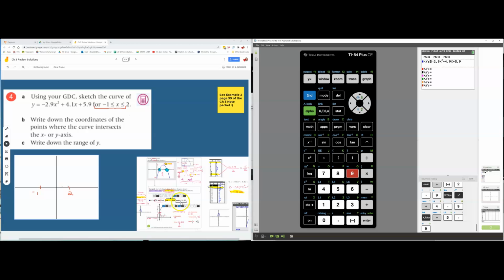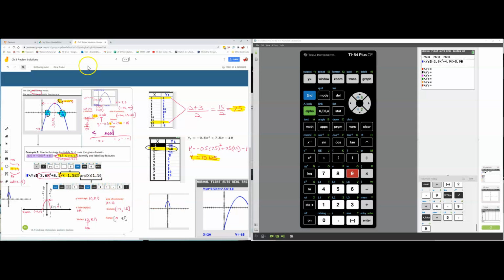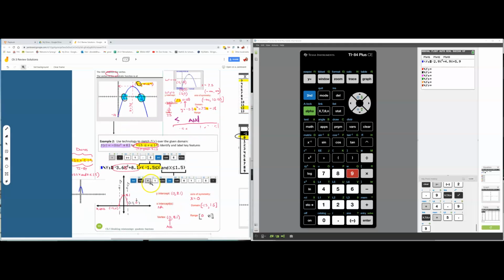Now, in order to put in the inequality symbols, back here on our notes, zoom in on this. Right here, we're going to put a division sign, parentheses, and then we're going to use -1 is less than or equal to x, then the word and, x is less than or equal to 2.